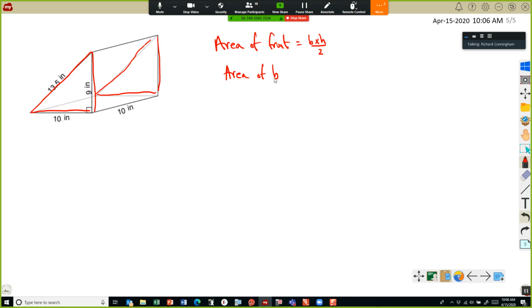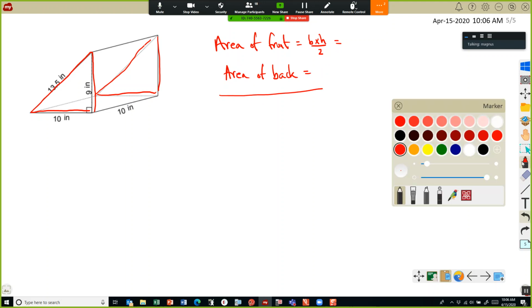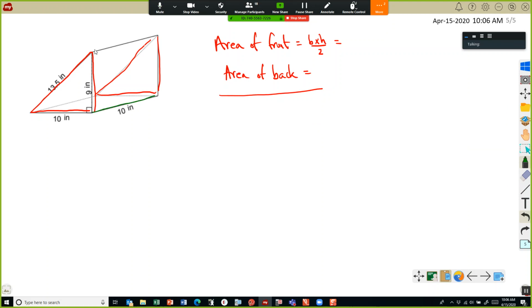So we're doing this now. Then I want you to have a go at the area of the right hand side, which is in green.